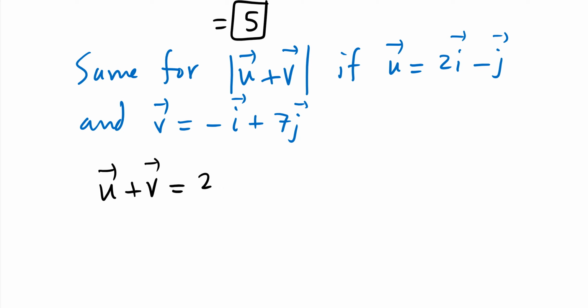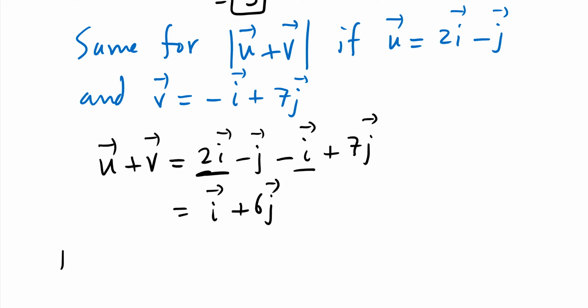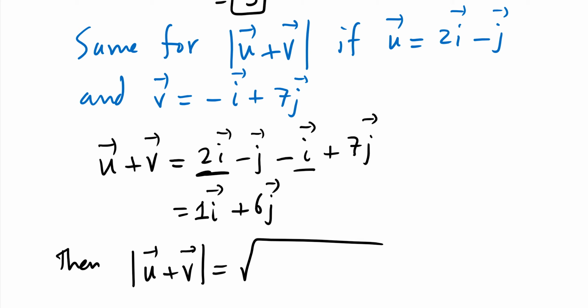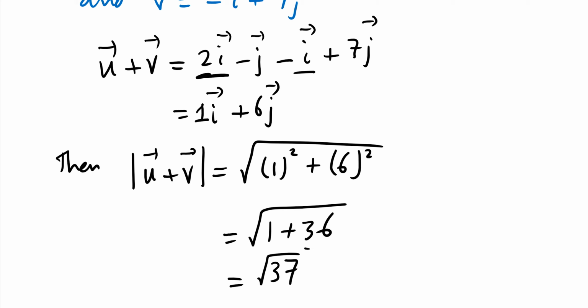First thing we do is we just take the first vector and then the next vector, combine like terms. The 2i minus i is an i, and then plus 6j. Then the magnitude of u plus v would be the square root of, there's a hidden one there, so it's 1 squared plus 6 squared. And that gives us the square root of 1 plus 36, which is the square root of 37. You can put it in the calculator or leave it in radical form.